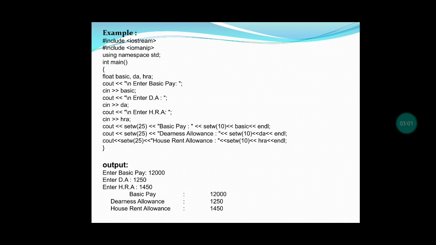So 25 characters have been taken before the basic pay and after that the value comes after the 10 characters. So 25 characters have been taken for basic pay, dearness allowance and house rent allowance. So all will be accepted in 25 characters. The output will display like this. So for this purpose we use setw in the output.